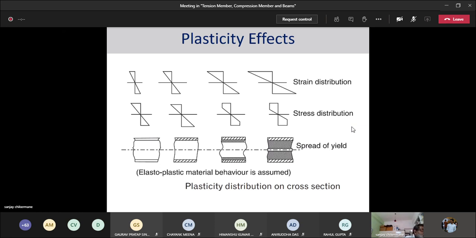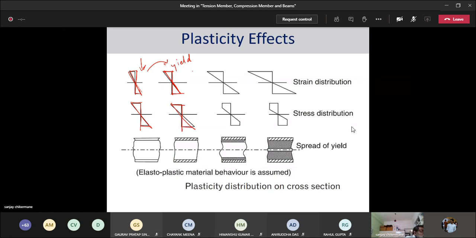So if I take a look at a material within the elastic limit, you end up getting this as your strain diagram and the equivalent stress diagram, which is proportional to your strain diagram. This is the diagram that you get of stress and strain until you reach the yield point. At yield point, you get a yield point value there, a yield point value there, and you still get a straight line strain diagram and equivalently a straight line stress diagram.